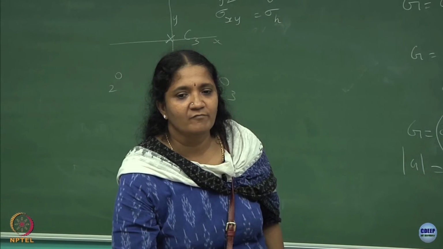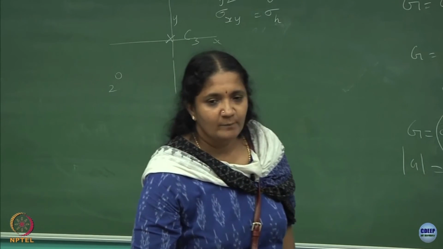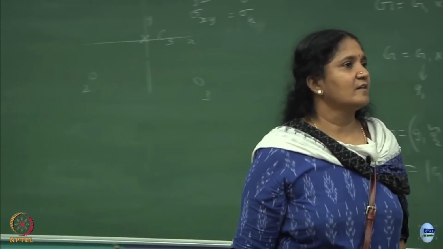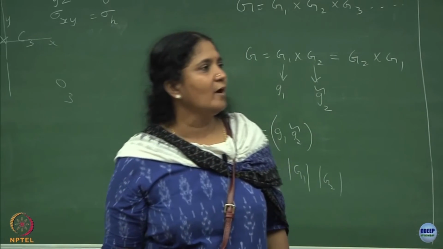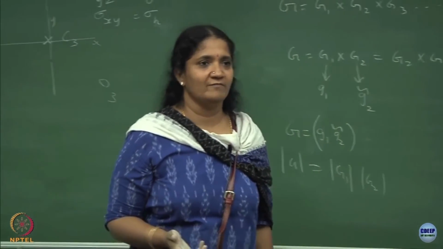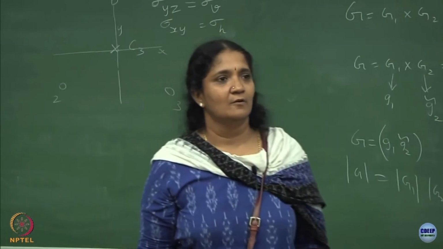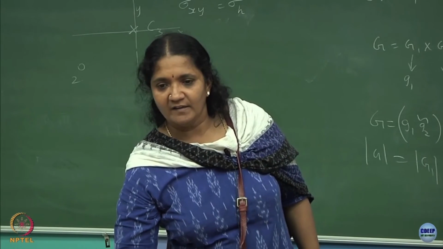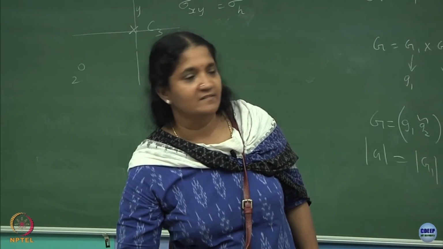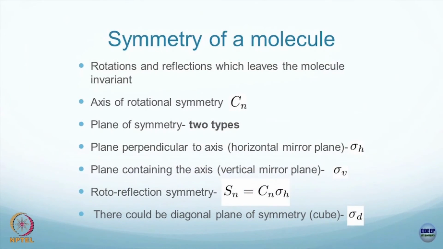Sometimes you may find that it may not have just a reflection plane symmetry or a rotation symmetry, it could be a combination, a rotor reflection they call it. Okay. So, rotation plus a reflection, and that is denoted by a symbol Sn, where it is a product of Cn times the horizontal plane operation.